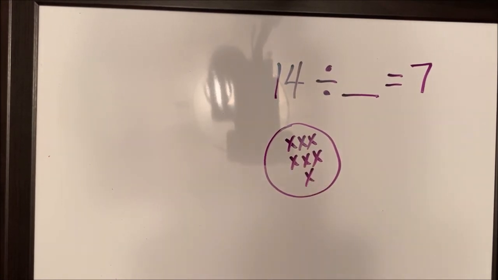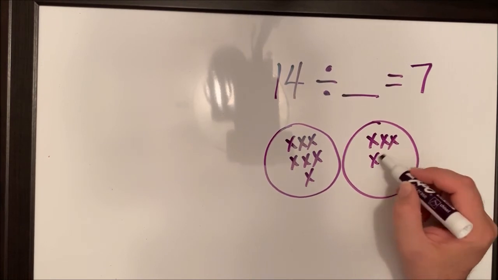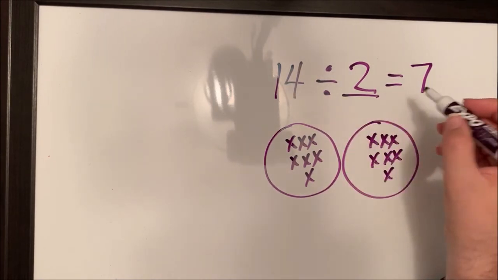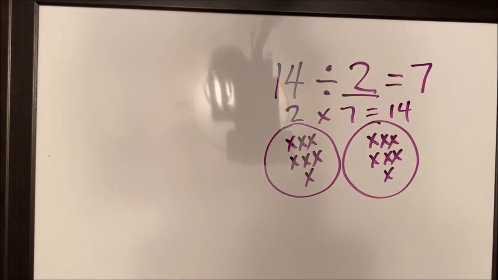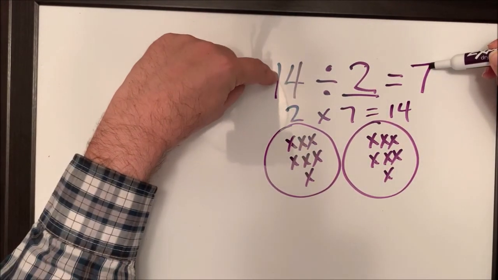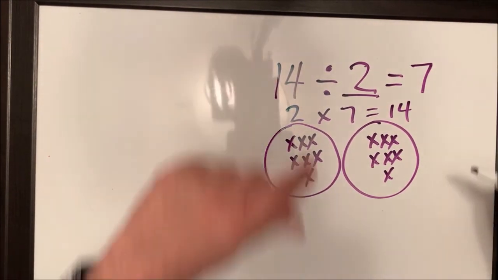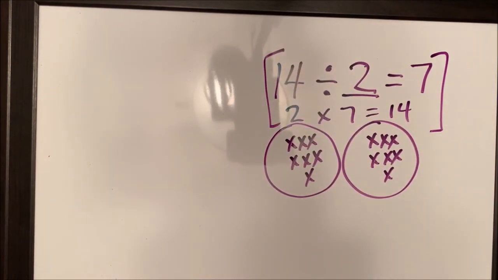There's one group. Here's another group. So the answer is 2 groups, or 2 groups of 7 equals 14, right? So 2 multiplied by 7 equals 14, or 14 divided into 2 equal groups equals 7. These two equations mean the same thing.